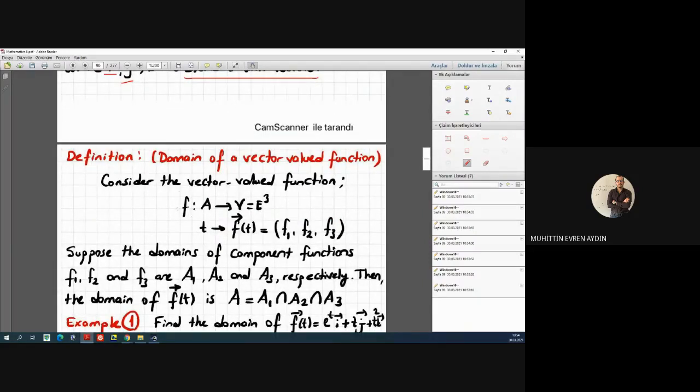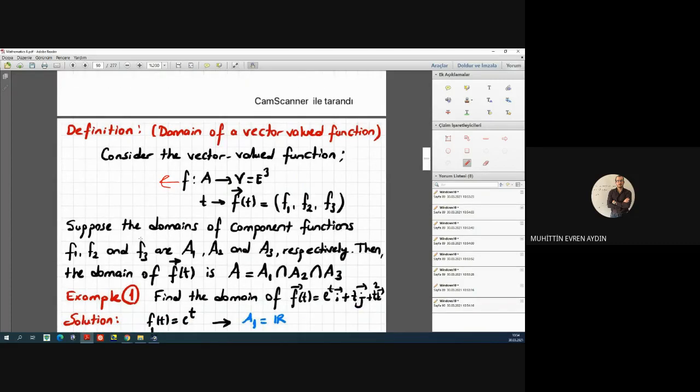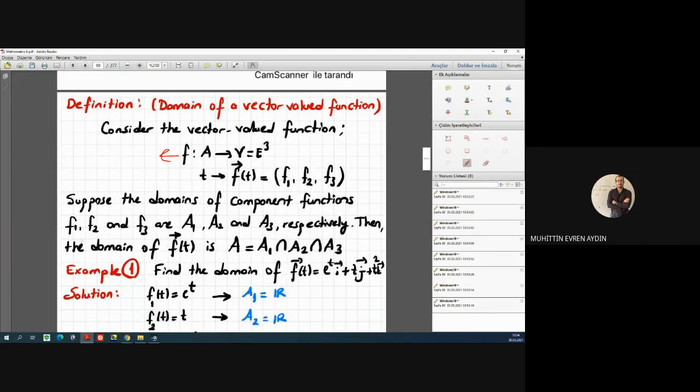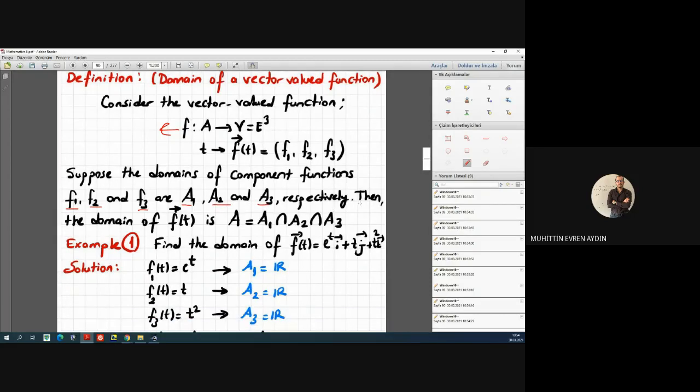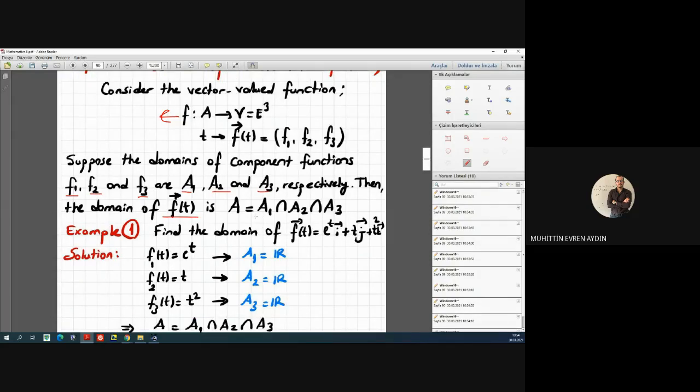Let's consider this vector valued function. Suppose the domains of component functions f1, f2, and f3 are A1, A2, and A3 respectively. Then the domain of f of t is A equals A1 intersect A2 intersect A3.